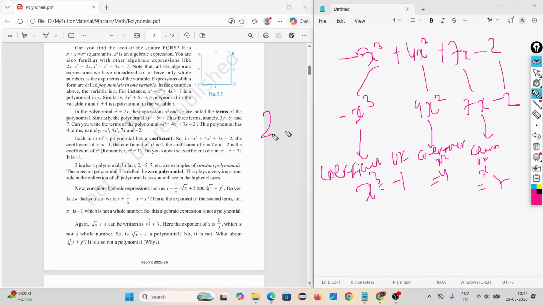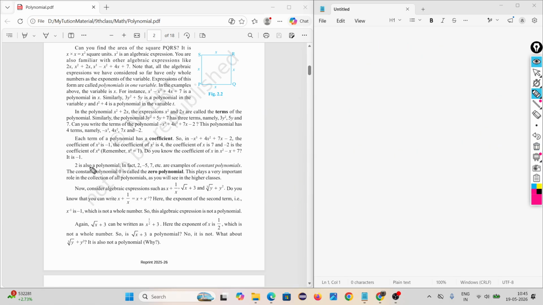Here with 2, no variable is there, but I can write x power 0. 2 is also a polynomial. In fact, 2, minus 5, 7, etc. are examples of a constant polynomial.